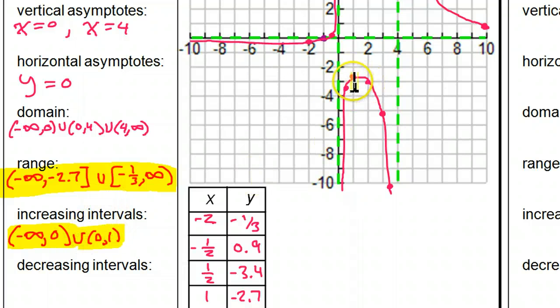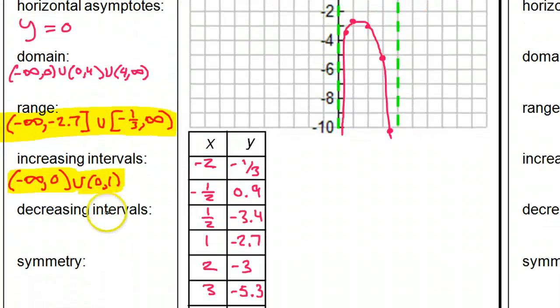Then decreasing after that from, say, 1 to 4. So I'm going to put that on the decreasing side. Decreasing from, let's say, 1 to 4, from here until the asymptote. But again, that was an estimate.